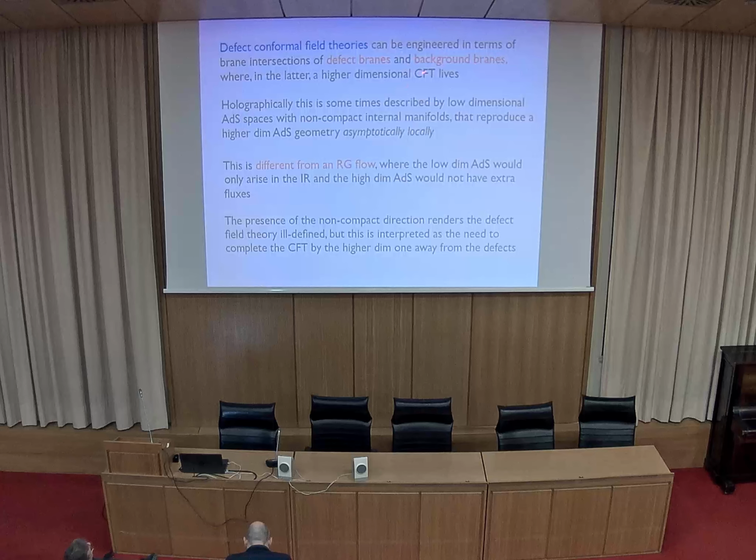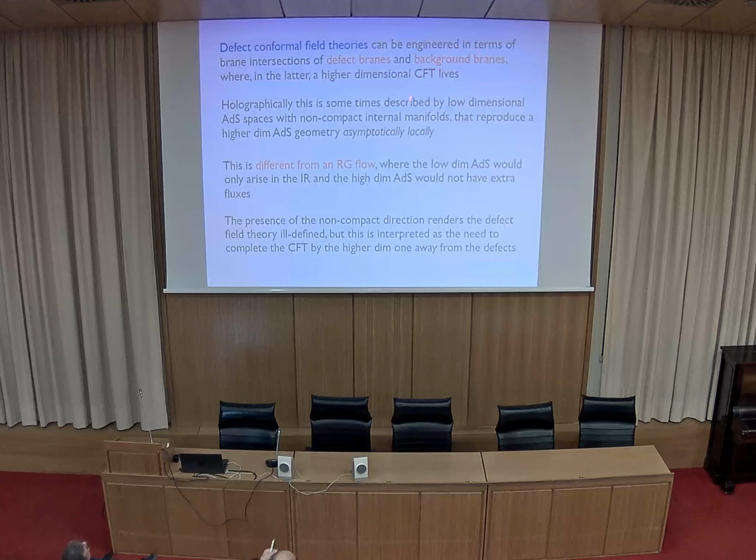When you include the background branes and the defect branes, there is a non-compact direction, because in these realizations you always have a non-compact direction, that when you send it to infinity, locally gives part of a higher dimensional AdS space, which is the one that arises in the near horizon limit of the configuration containing only the background branes.